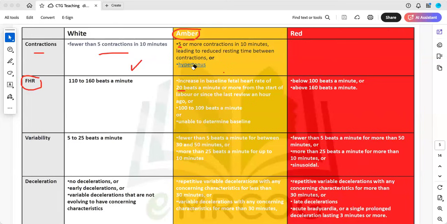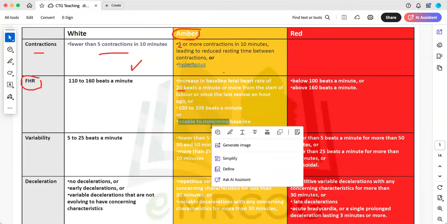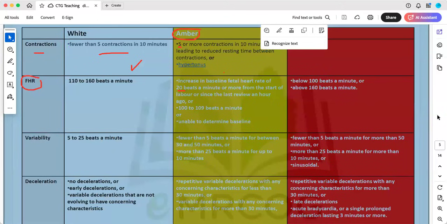This is a non-reassuring feature. Or when the baseline becomes 110 to 109, or if there is an inability to determine the baseline in the CTG. So if I'm not able to determine the baseline, this is another amber feature in the fetal heart rate.